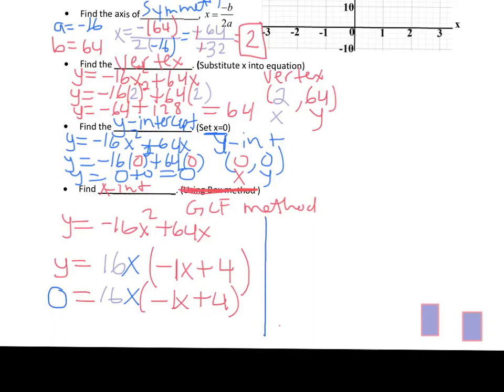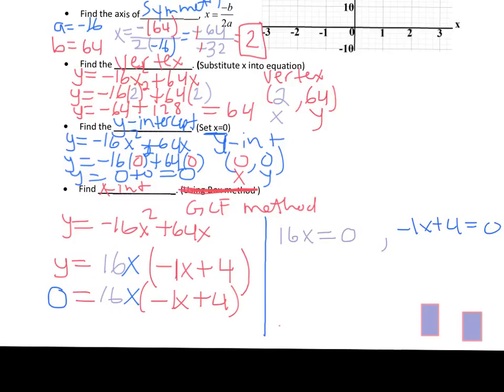We want to know where this 16x equals 0 and where this term inside here equals 0. So I'm going to do 16x equals 0 and negative 1x plus 4 equals 0.